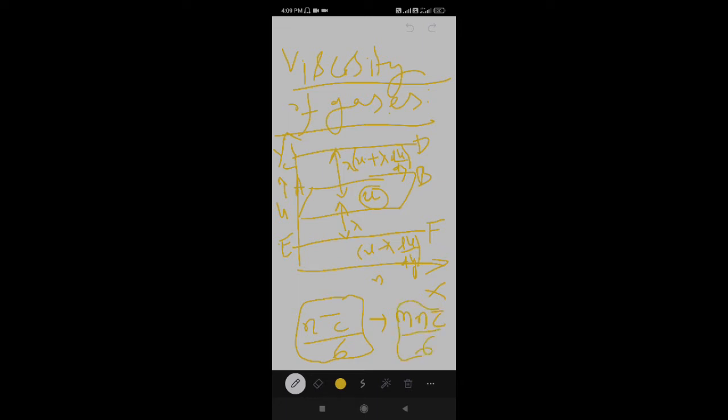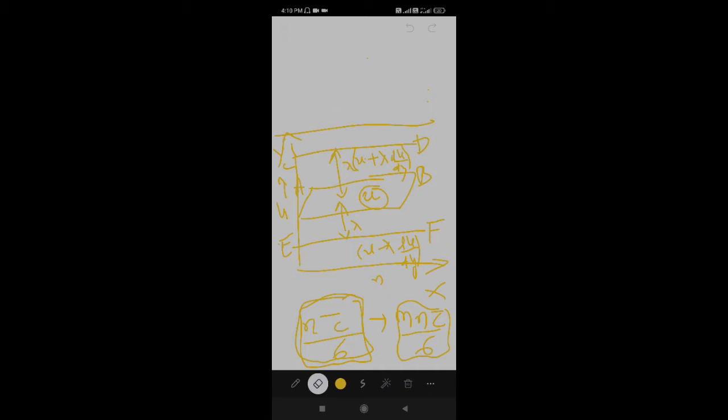This is the mass moving up or down per unit area per unit time. The earlier expression is only the number of molecules moving up or down through the unit surface area per unit time. Having known this, let us go to the next step of the derivation.